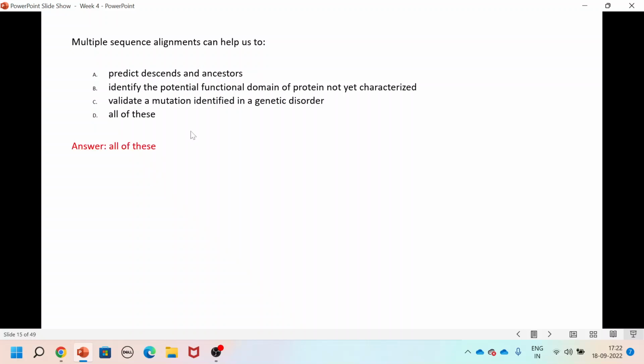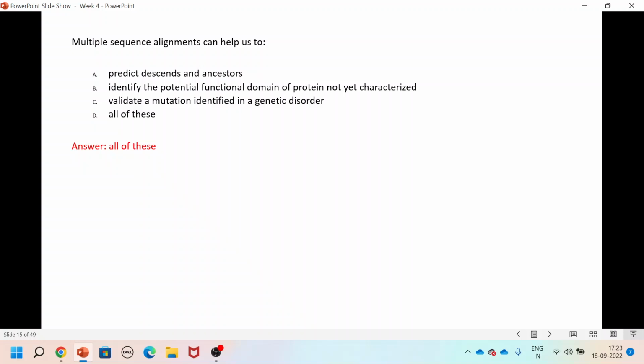So, right, we can predict the descendants and the ancestors. We can also identify the functional domain of the proteins which are not yet characterized, or we can validate a mutation which is identified in a genetic disorder. In order to find the descendants and the ancestors, it is based on the similarities and the differences present in a sequence.